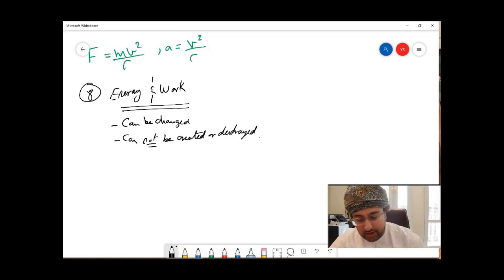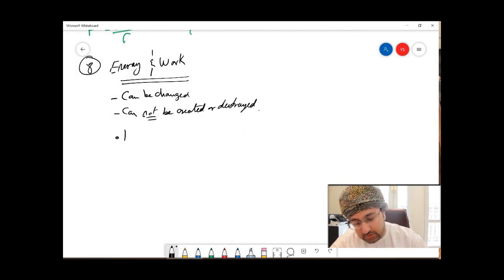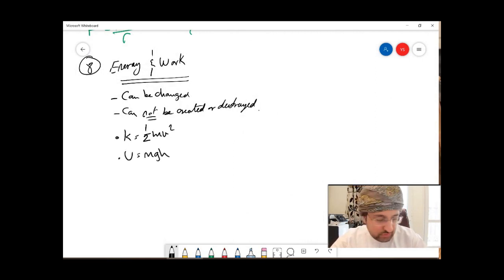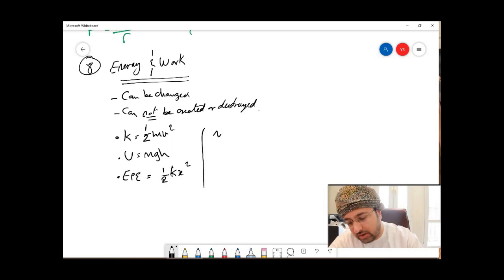Okay, and we discussed some types, like the kinetic energy, half mv squared, like the gravitational potential energy, mgh, like the elastic potential energy, half kx squared, and all of these came from a general rule that work equals F dot d, which is Fd cosine theta.